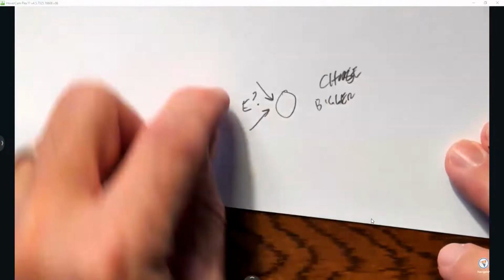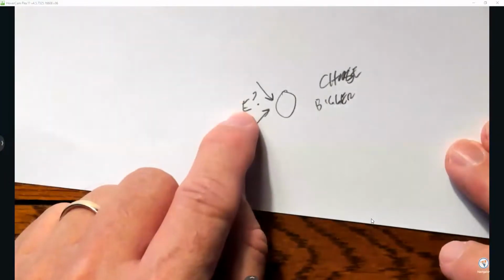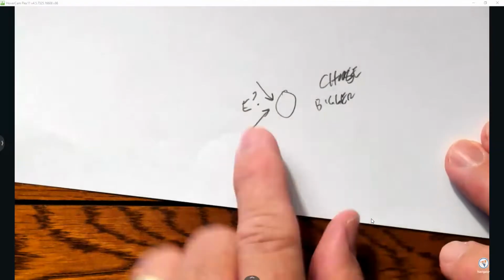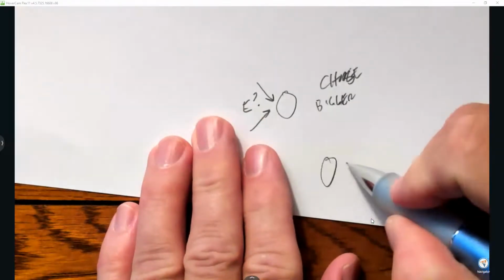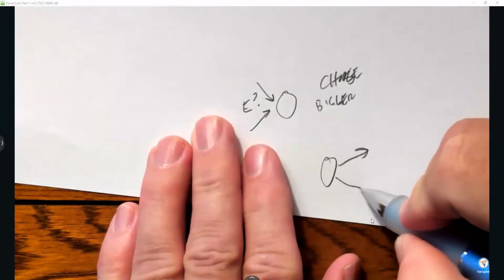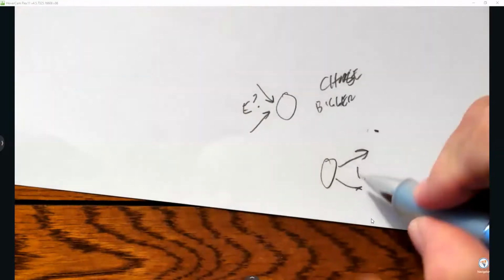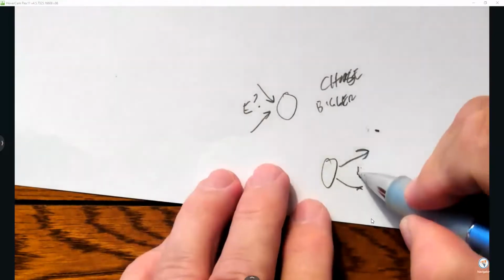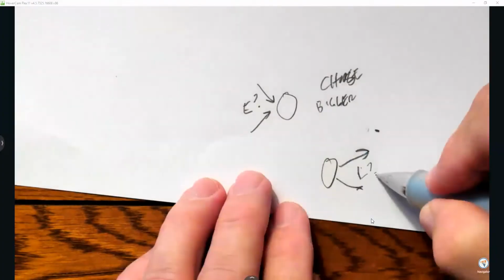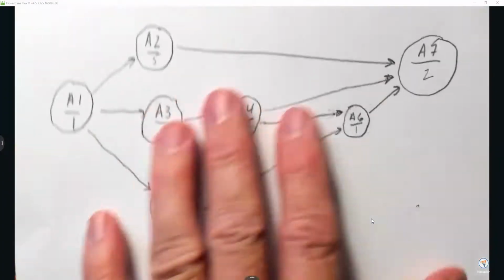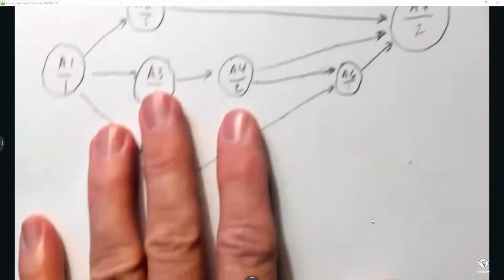Remember that thing from before: if you have 2 arrows coming in, you have to make a decision on your E and you choose the bigger, and if you have arrows backing into it, then you make a decision on your L.